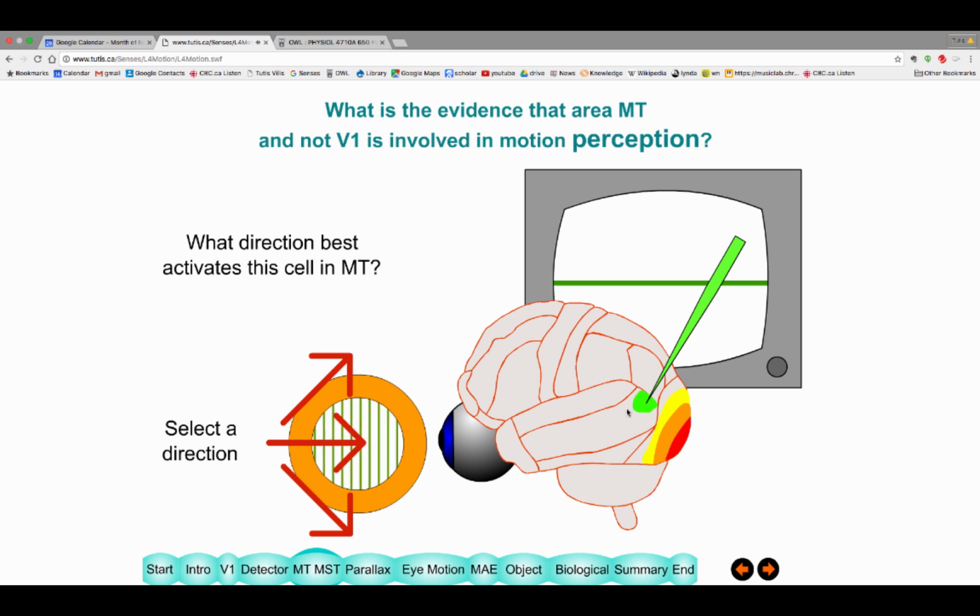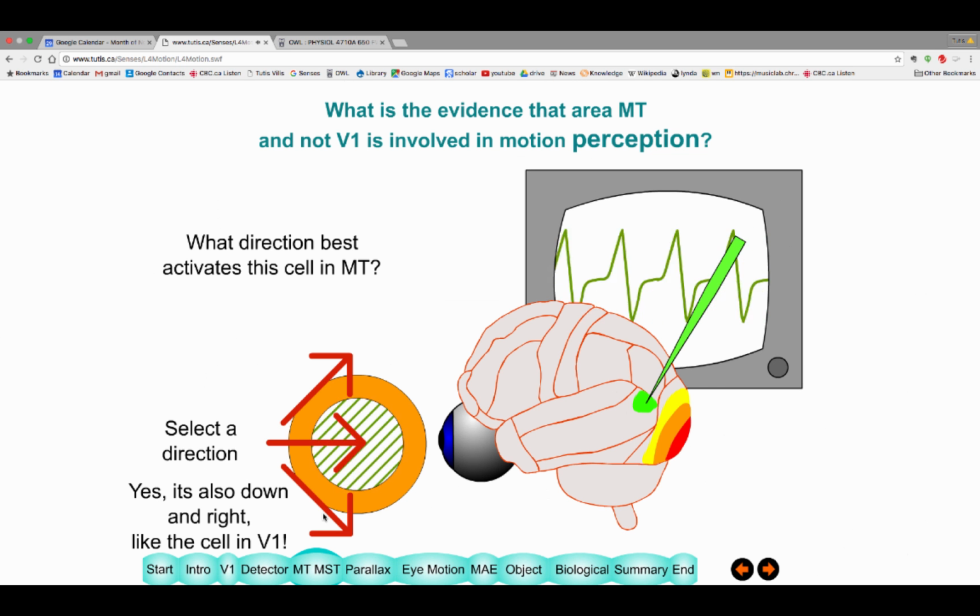Now, if we move the electrode over to area MT, we, by luck, managed to find this cell doesn't like lines moving up to the right, doesn't like lines moving to the right, but does like the same direction as we found the area V1 cells.